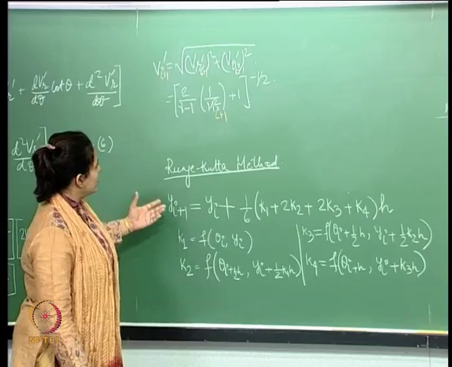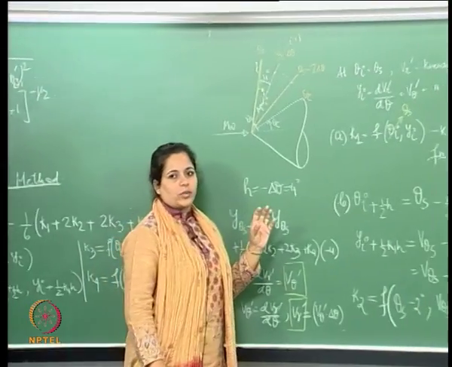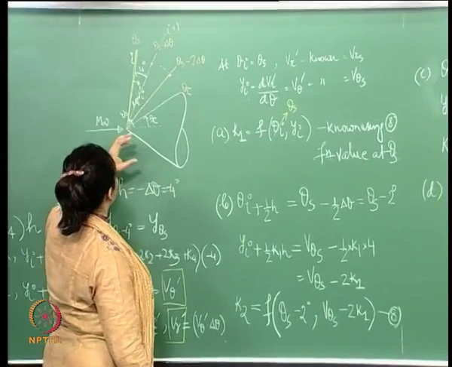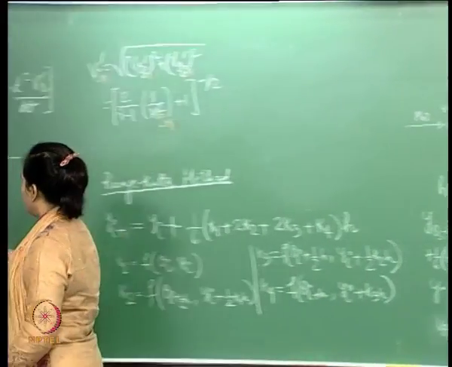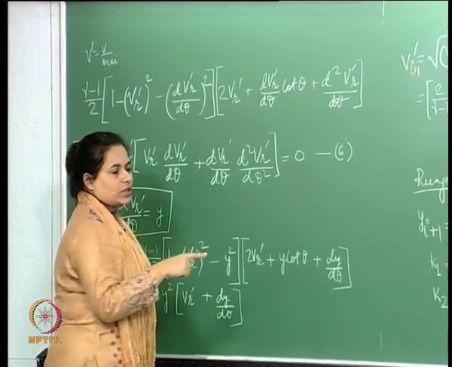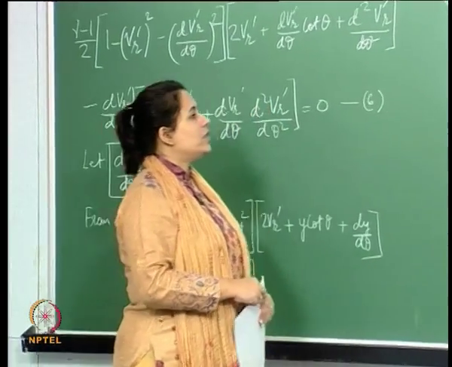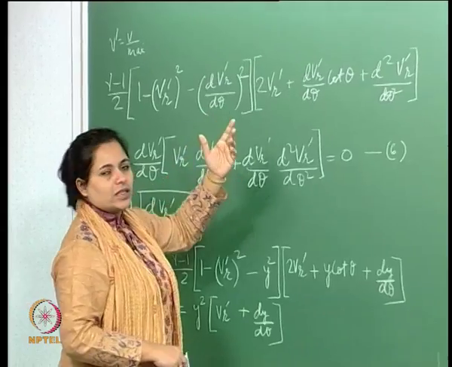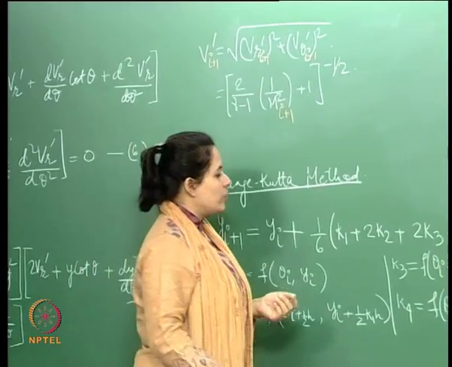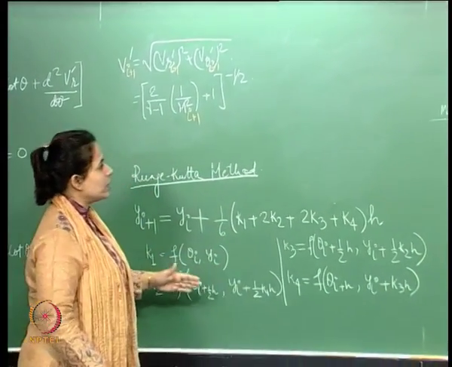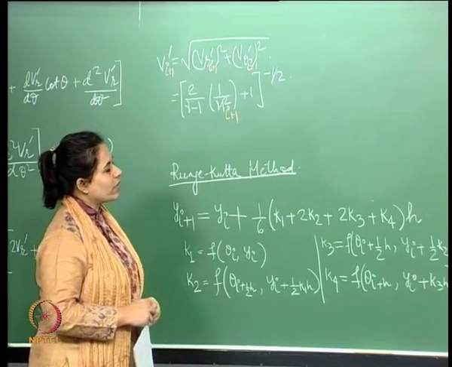Using the Runge-Kutta method, we are solving the Taylor-Maccoll equation at each and every radial line, calculating V r dash and V theta dash, and hence V dash, at every radial line. So, Runge-Kutta is the procedure with which we are solving the Taylor-Maccoll equation.